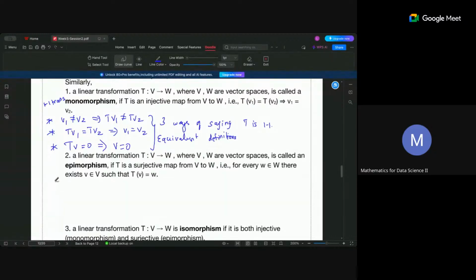Now, the surjective definition also goes exactly the same way. The range of T, that is the set of all TV such that V is in V, this set should be equal to what? Can you tell?